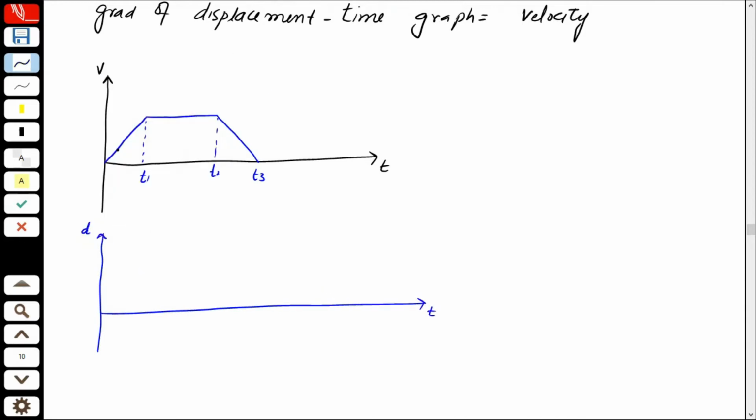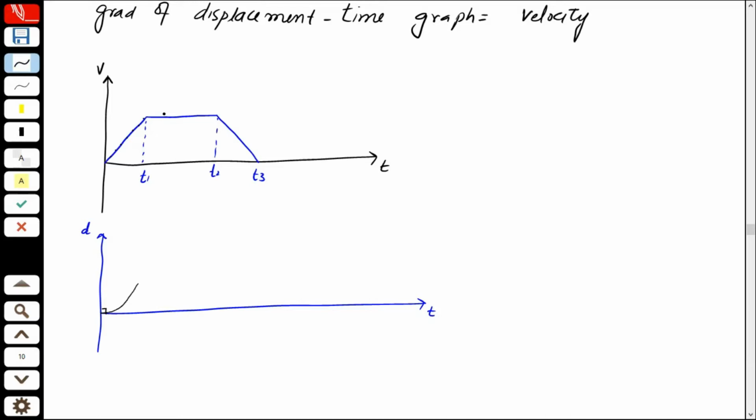Up to t1, the velocity of the object is increasing, so the gradient of the displacement time graph should increase. Velocity is positive, so the gradient of the tangent should be positive and it should increase.